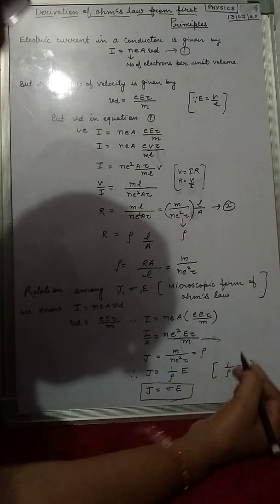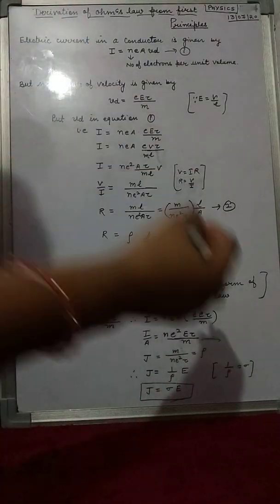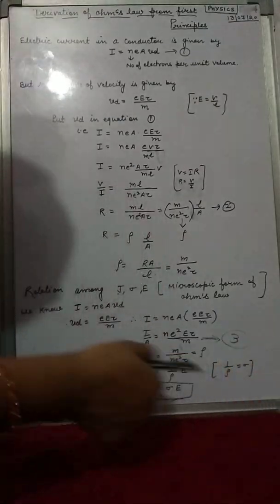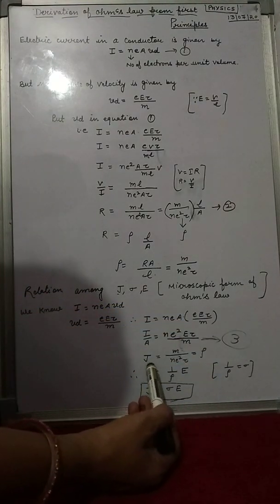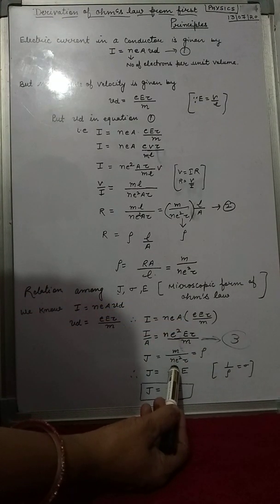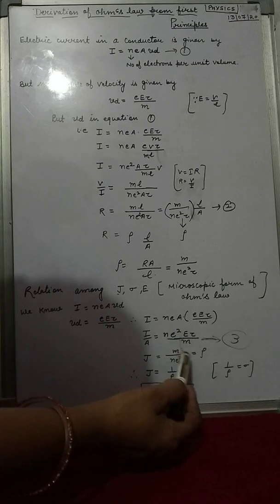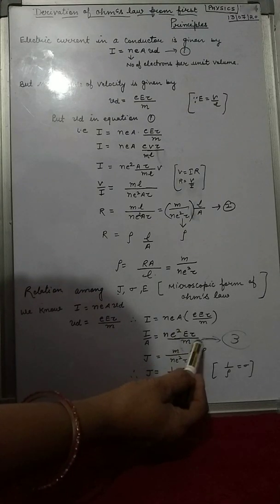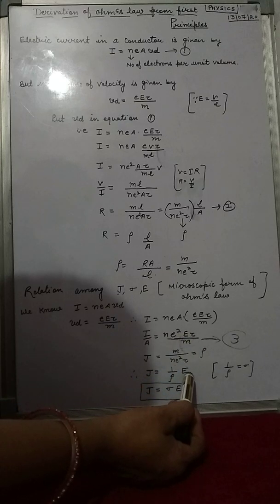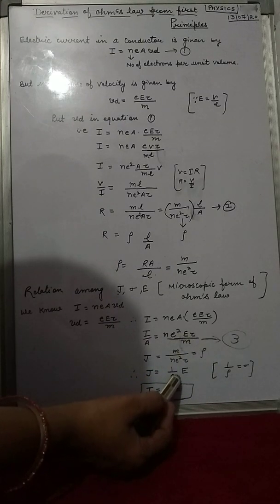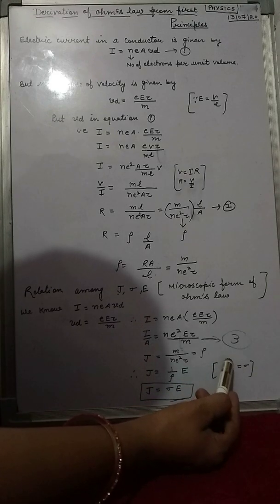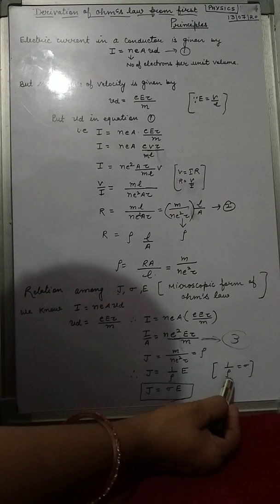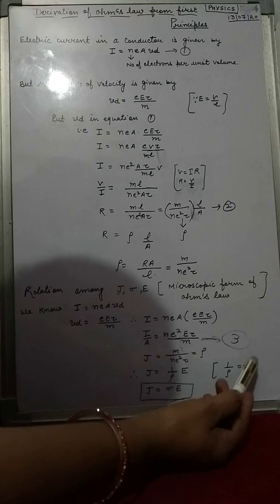Write this as equation 3. So from equation 3, J = (1/ρ)E. The reciprocal of resistivity is conductivity.